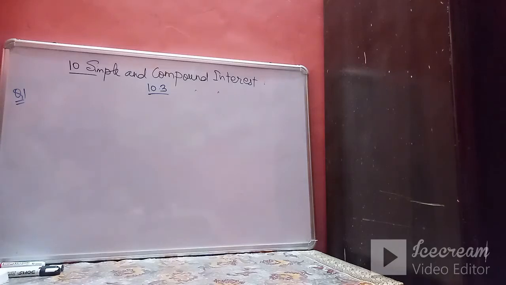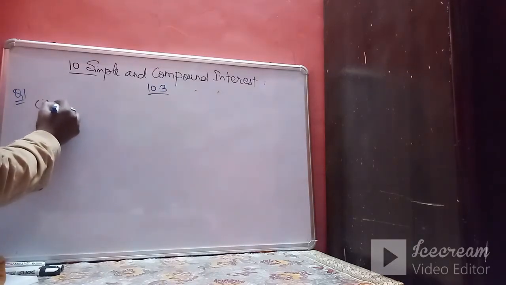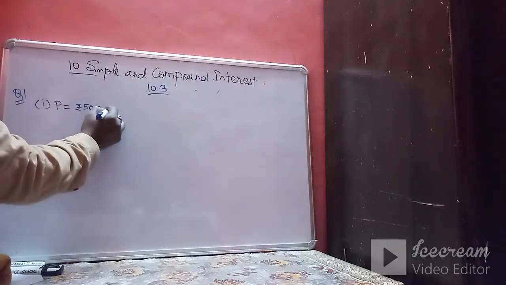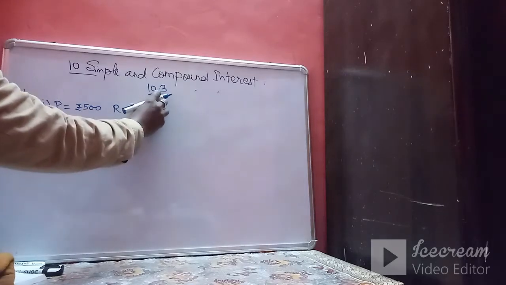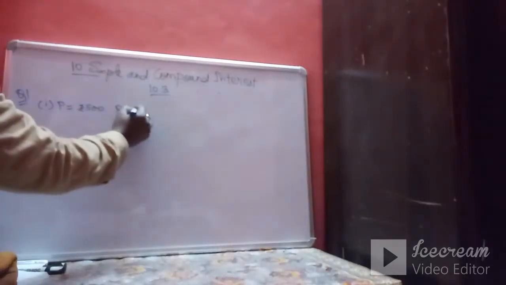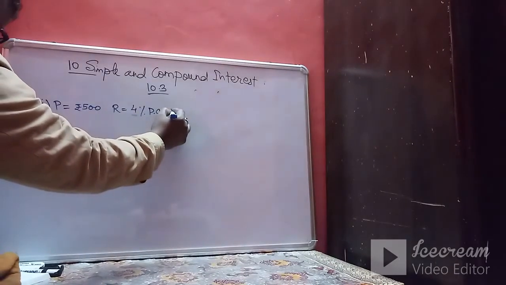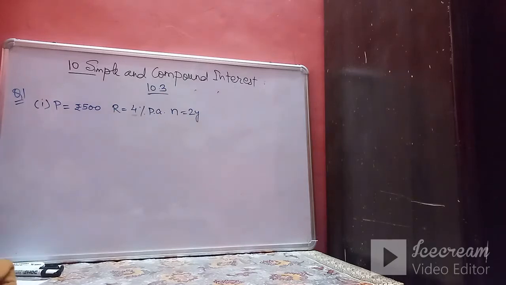Three parts are there. We will solve the very first part. So calculate the amount by using the formula, where P is rupees 500, rate is 20% per annum, and time, that is n, is 2 years. So we have to calculate the amount.